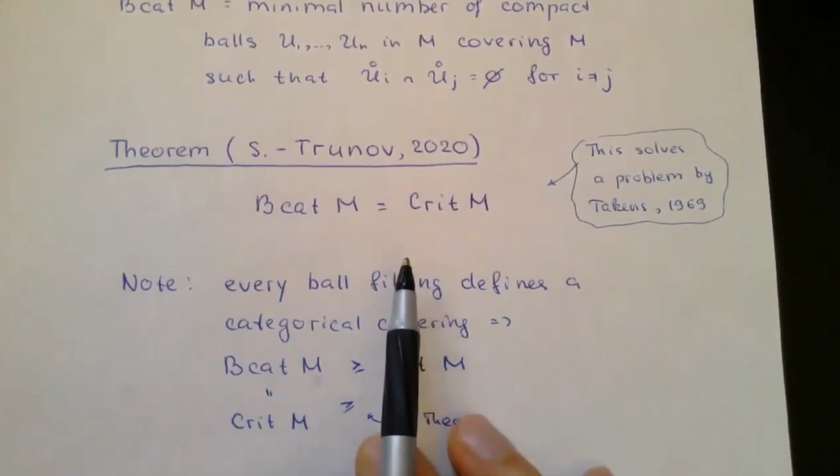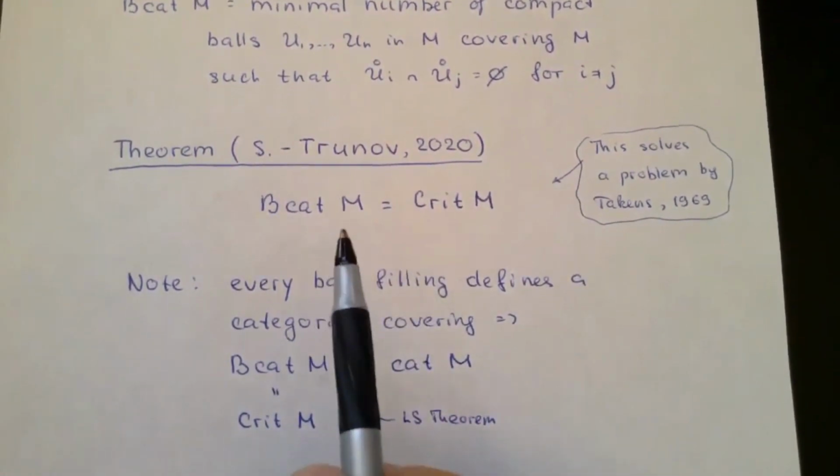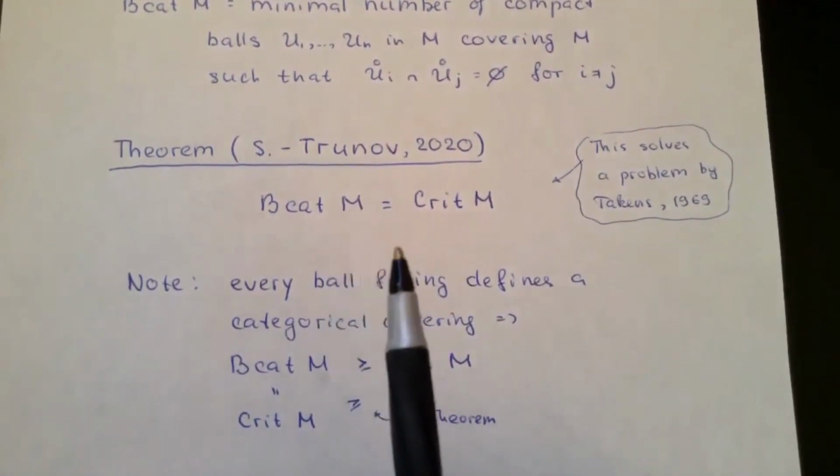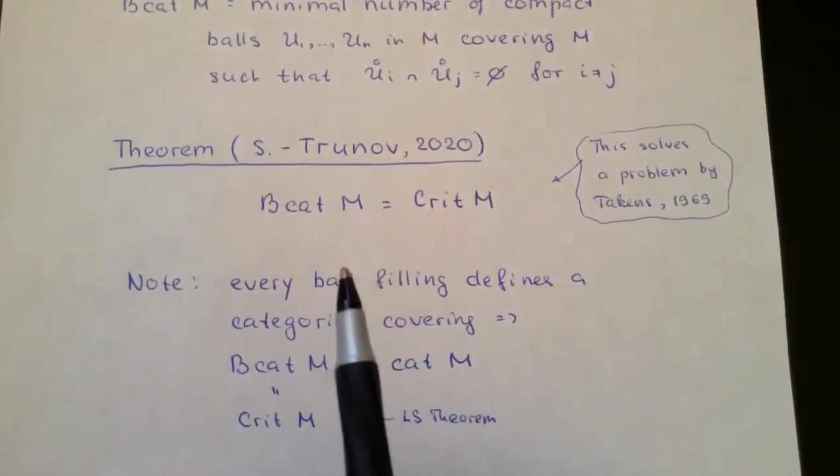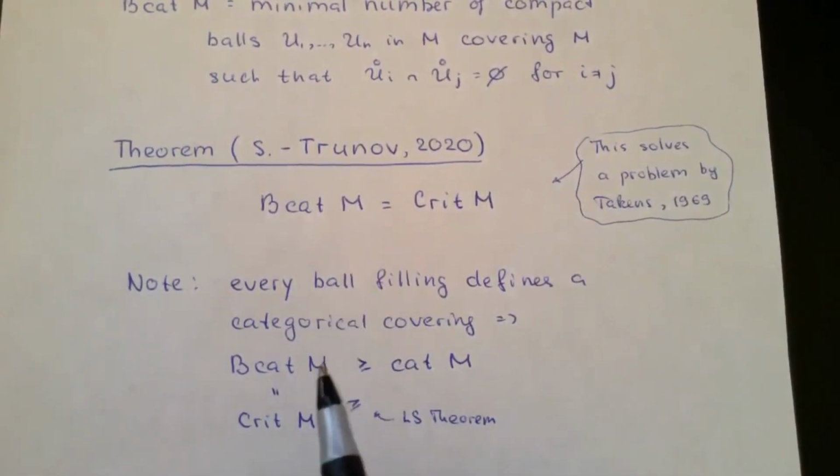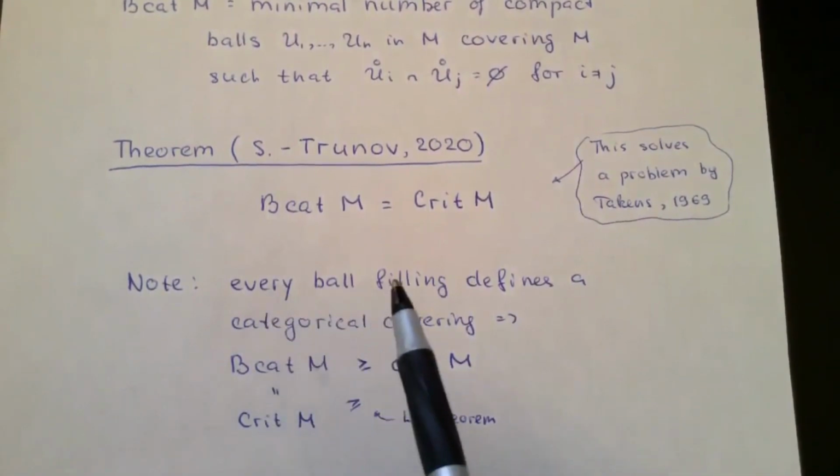The reason why I say that this result somewhat clarifies the statement of the Lusternik-Schnirelmann theorem is because it is easy to notice that every ball filling defines a categorical covering.